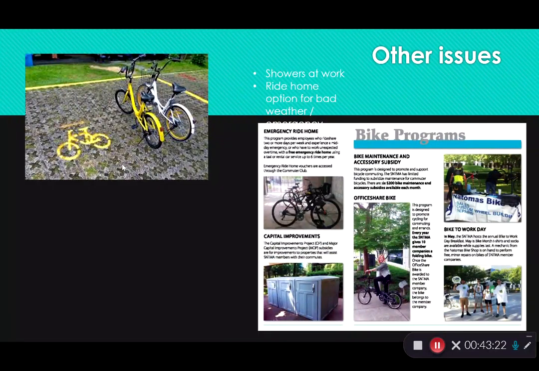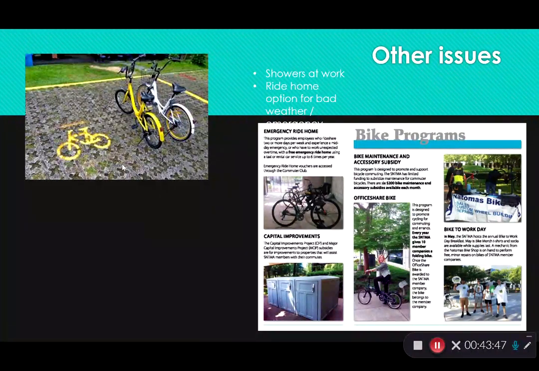So some other issues, if we want to encourage more cycling and more walking to work, is that even just something as simple as having showers in offices is helpful, because depending on the environment you live in, if you're riding your bike to work in Texas in the summertime, you're going to need a shower when you get there, because you're going to be pretty sweaty and pretty gross.